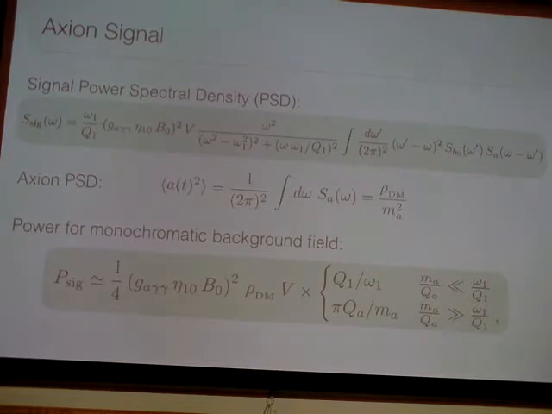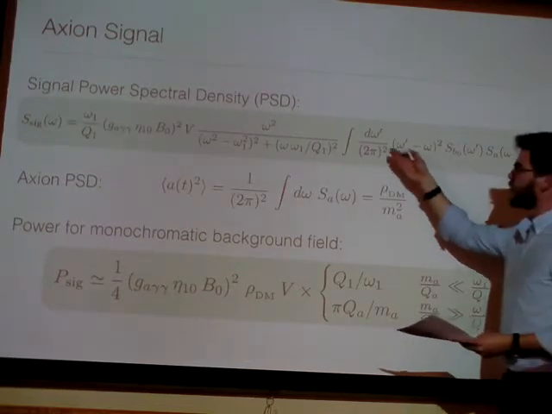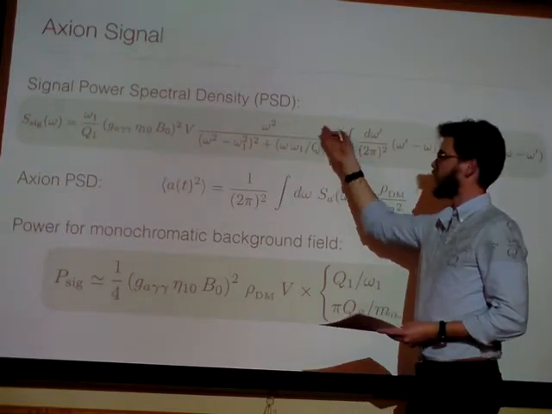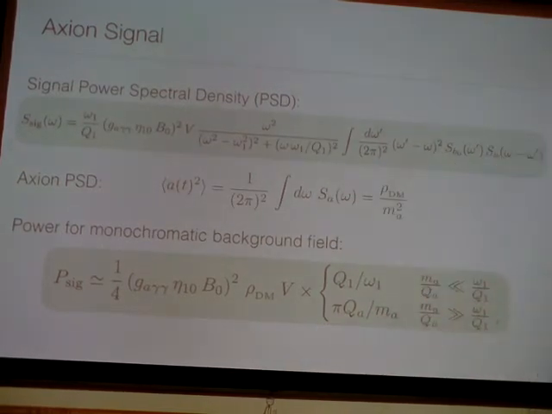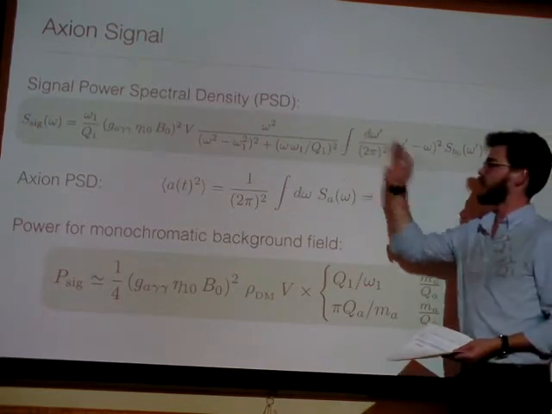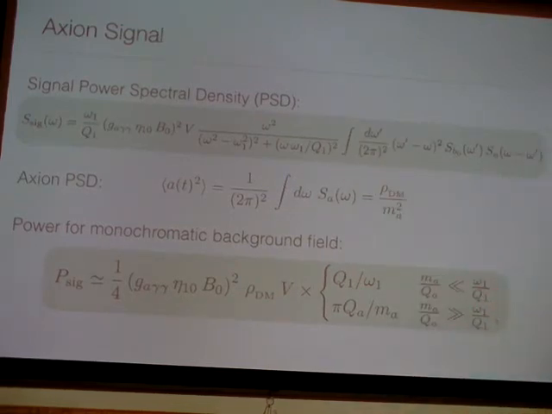So eta10 is going to be proportional to the volume integral of B naught dot E1. And then this is just the fact that a resonant cavity has some sort of transfer function, and this transfer function follows a Breit-Wigner shape.